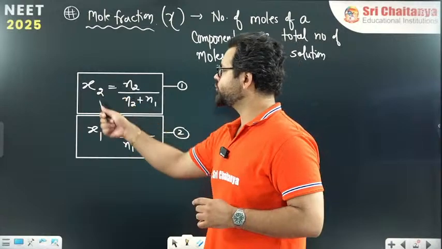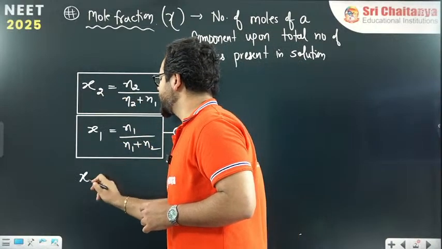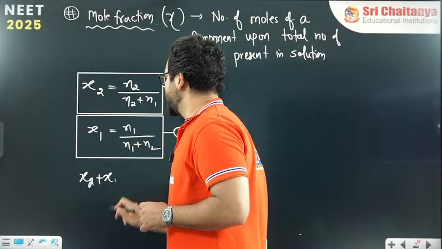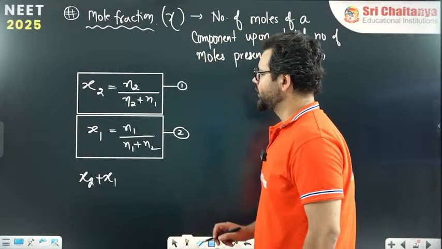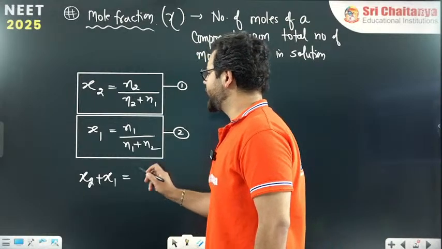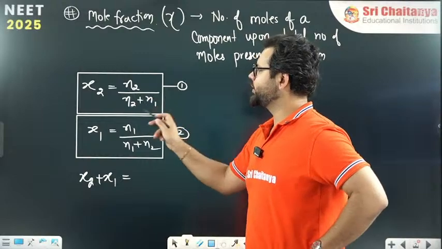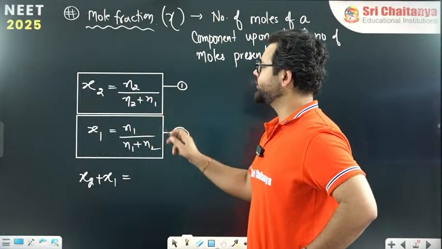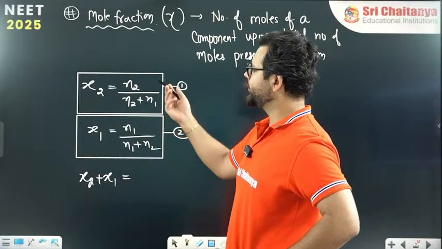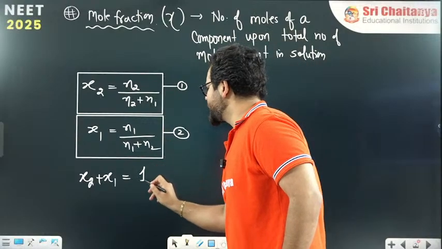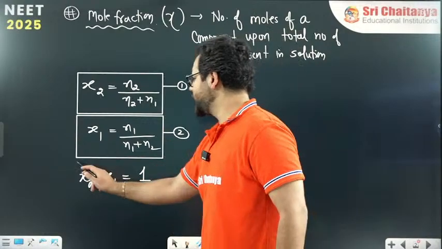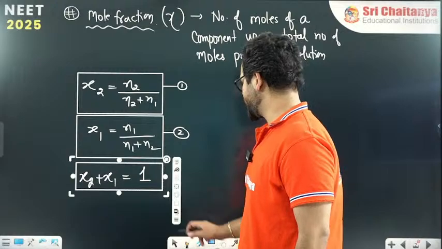When I do x2 plus x1, you are going to get 1. If I add them, the denominator is n1 plus n2 and numerator will also become n1 plus n2. So n1 plus n2 by n1 plus n2 will become 1. So sum of mole fractions is 1.